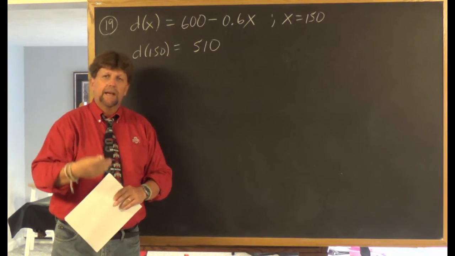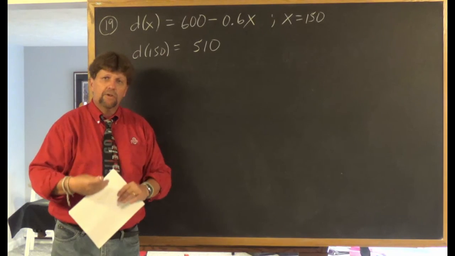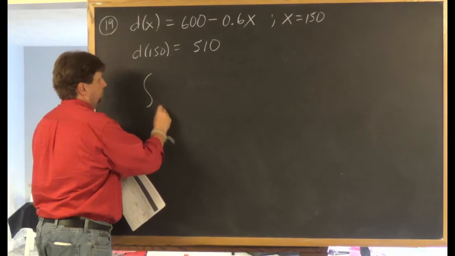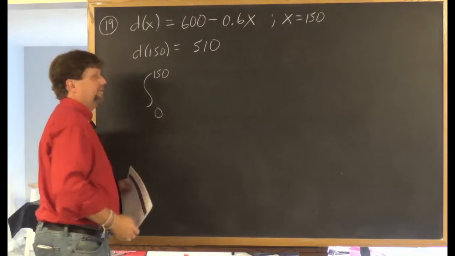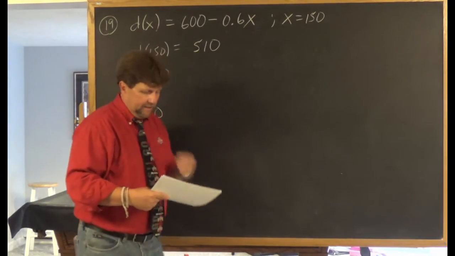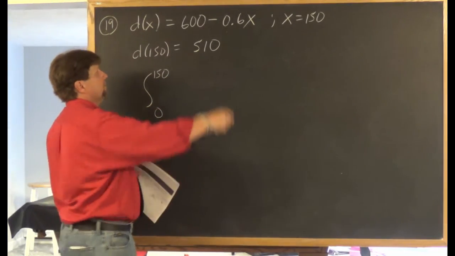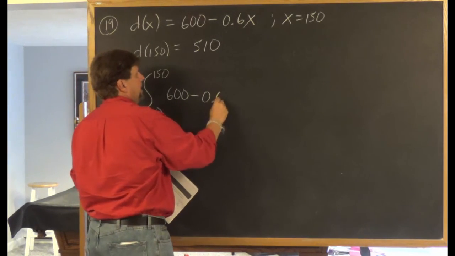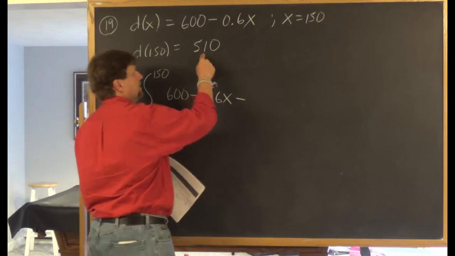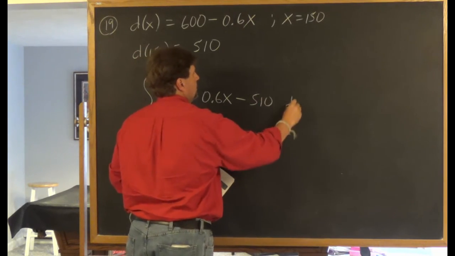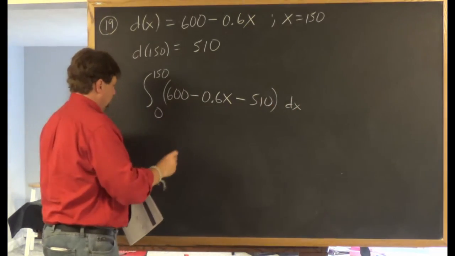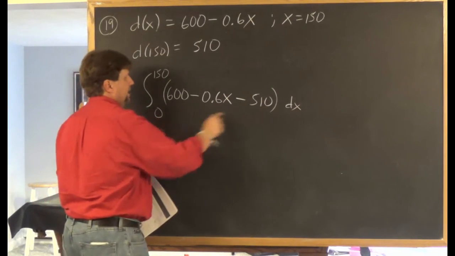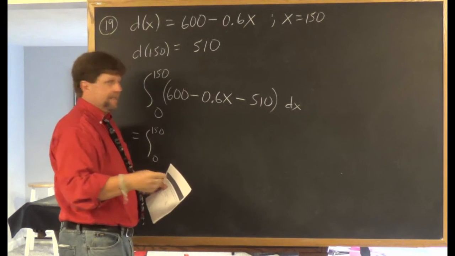Now I should be able to set up the integral that's going to determine consumer surplus. It's the integral from 0 to 150 of the demand function minus the market price, 510. And just like we saw in the example, I begin by cleaning this up. 600 minus 510 is 90.